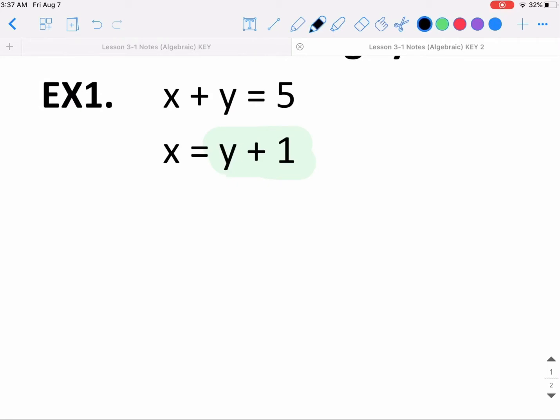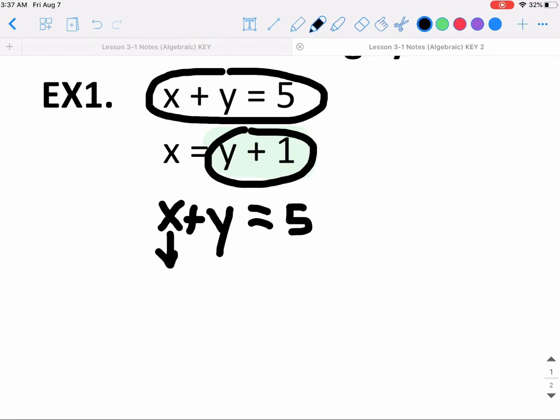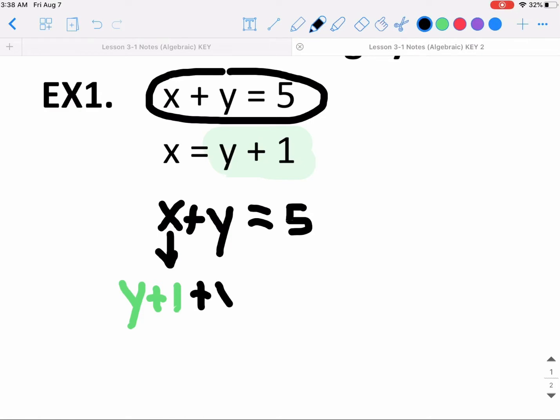So what I'm going to do is take the other equation, so x plus y is equal to 5, and instead of x, I'm going to substitute in y plus 1. Then I have y plus 1 plus y is equal to 5.